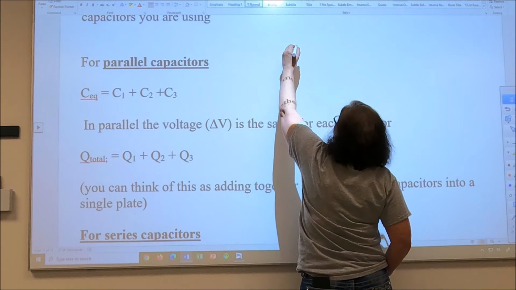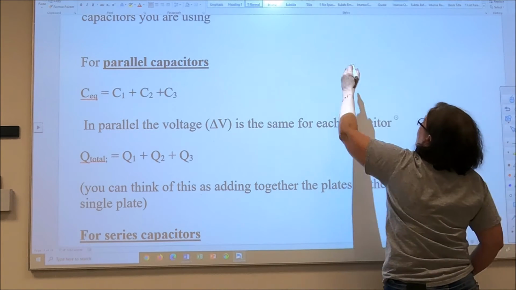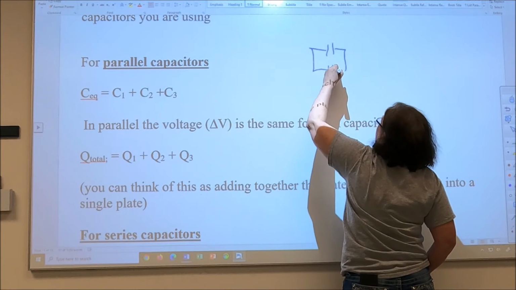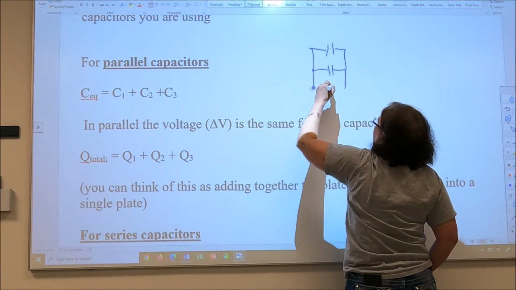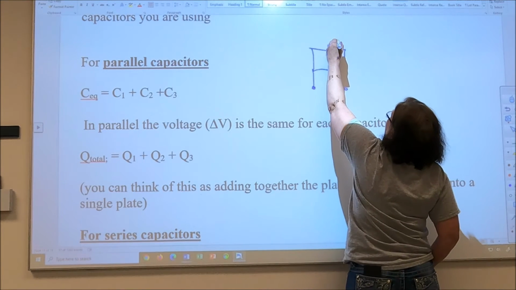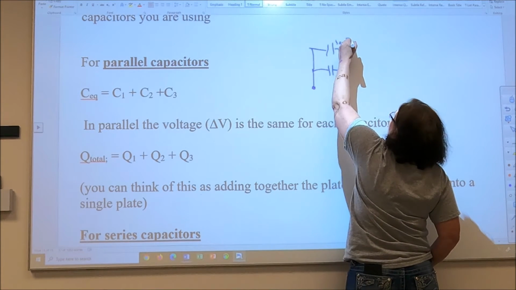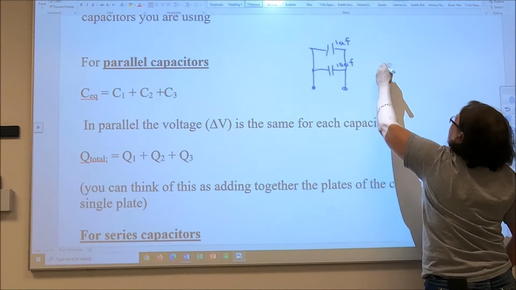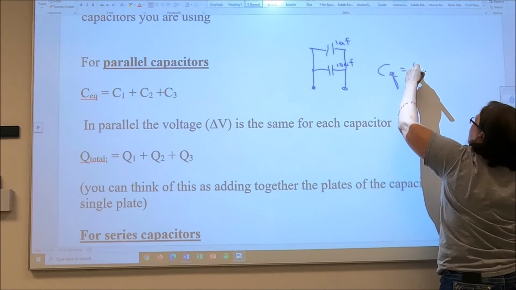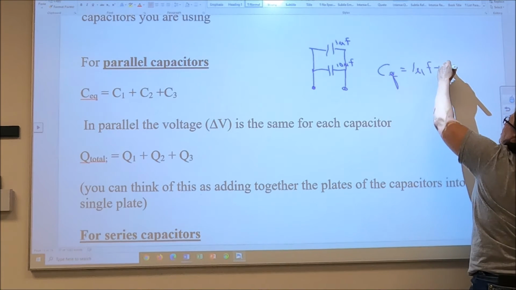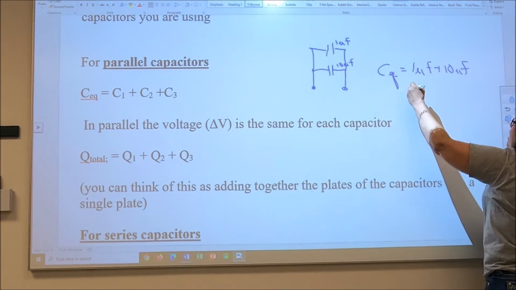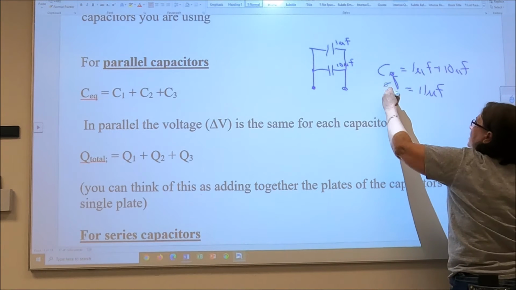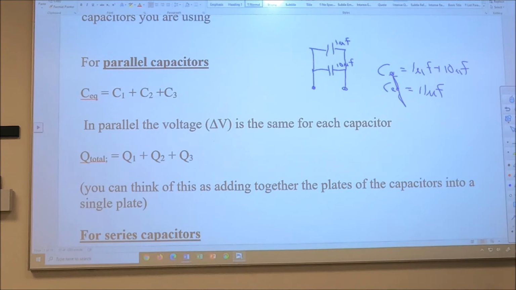So that means that if I were to have two capacitors here, and let's say this was a 1 microfarad and this was a 10 microfarad, then C equivalent would be 1 microfarad plus 10 microfarads, which would be 11 microfarads.